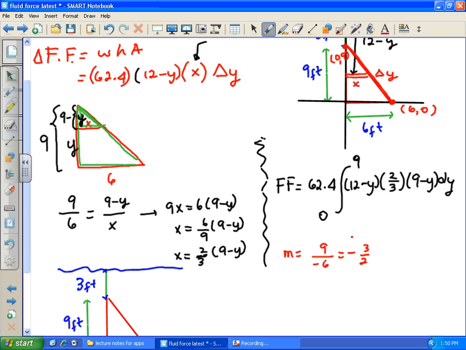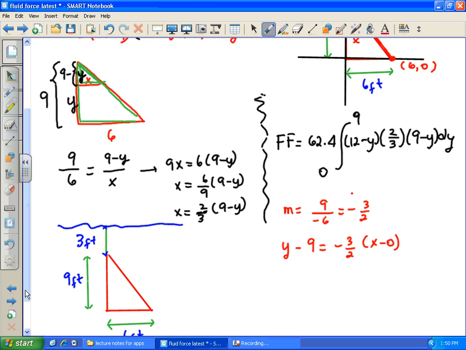I'm going to pick the one with 6, 0. Actually, let me pick the other one because I'm going to need to solve for x. Pick the one with 0, 9. Y minus 9 is equal to the slope times x minus 0. And solve for x from there.